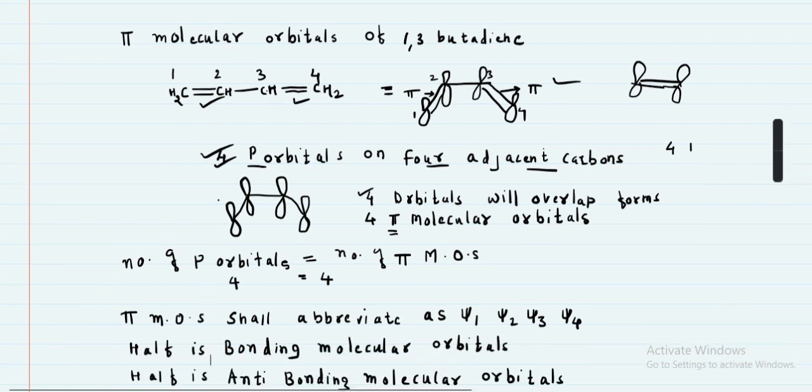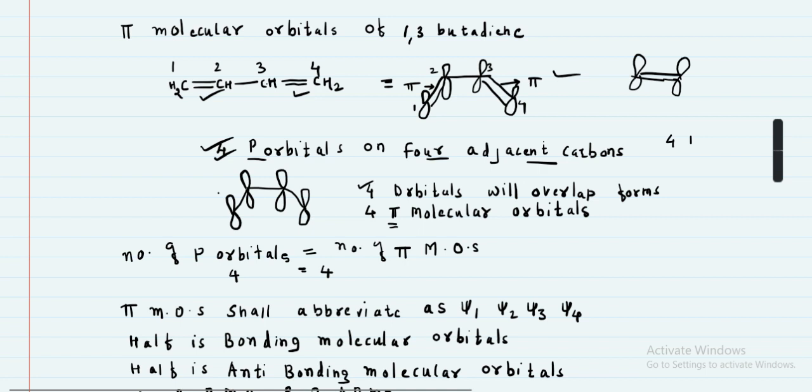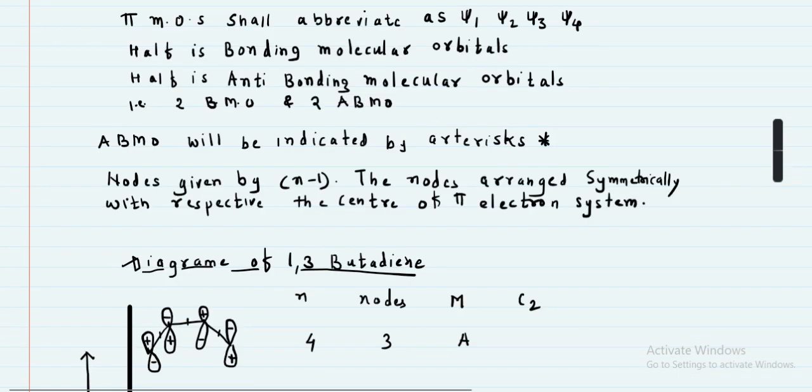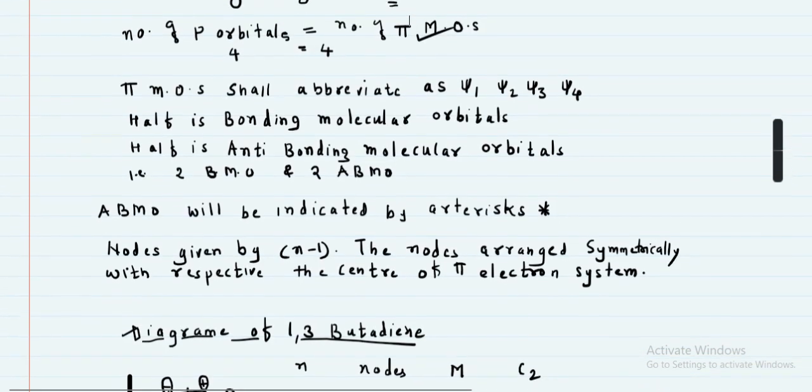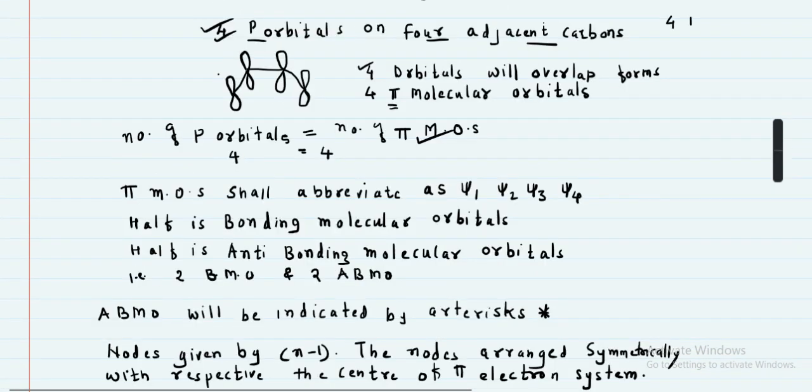It means the number of p orbitals gives the number of pi molecular orbitals. 4 p orbitals give 4 pi molecular orbitals. The pi molecular orbital is abbreviated by psi. Already we have discussed, in the construction of the ethylene molecule, psi 2, psi 3 and psi 4.